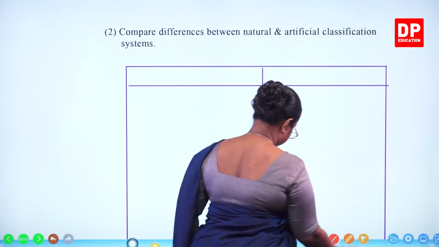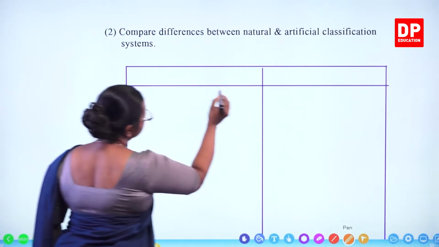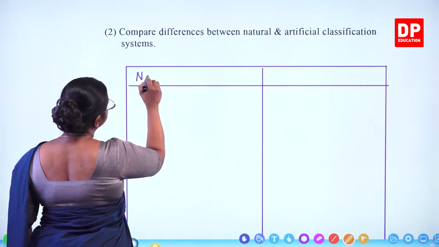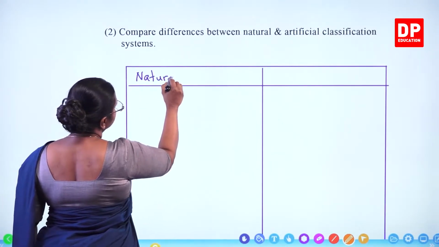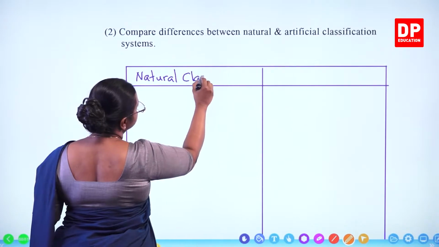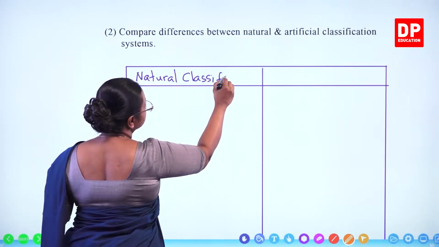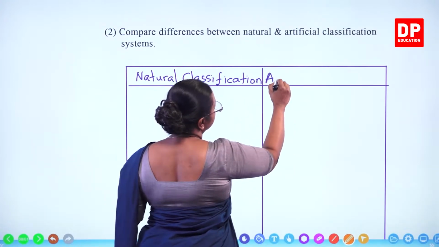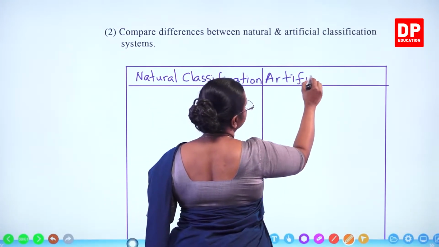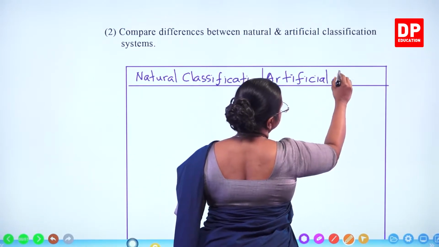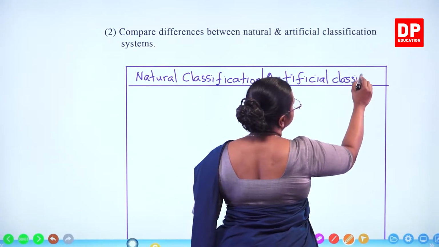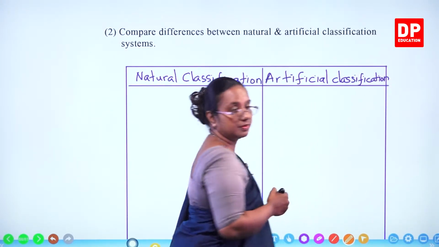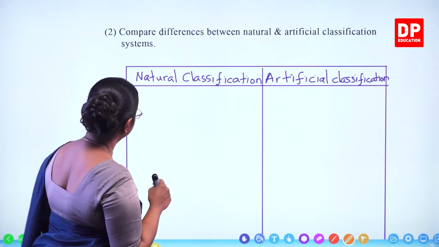So, we need to compare the natural classification and artificial classification, the two systems of classification.